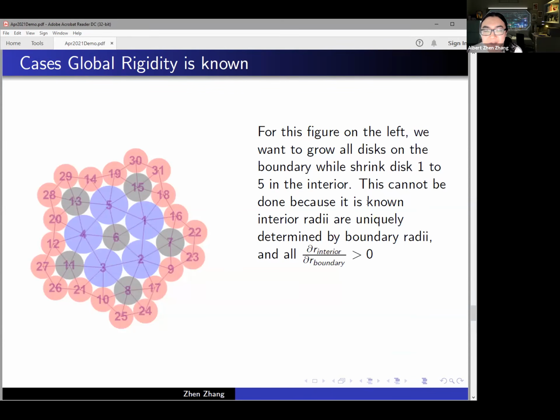This cannot be done because it is well known that the entire packing is determined by the boundary radii, and all the partial derivatives of interior over boundary are positive, which means increasing all the boundaries will increase all the interior, and you can't shrink those 5. That's not allowed. So we have a global rigidity statement for this very special case.